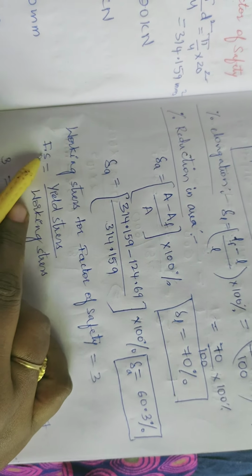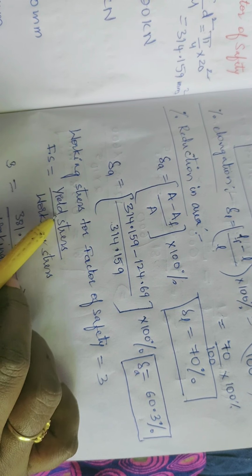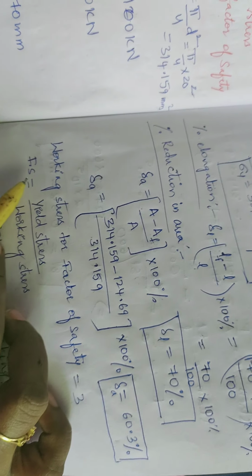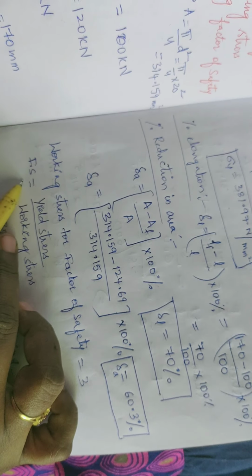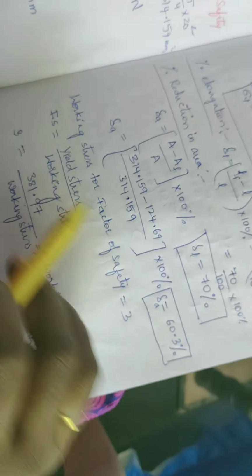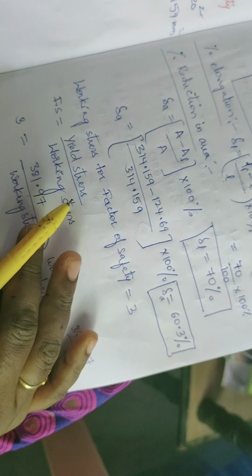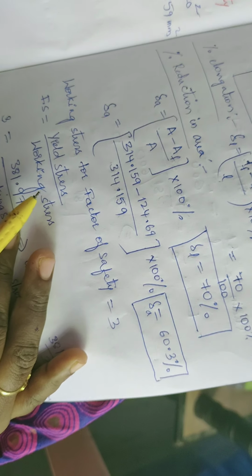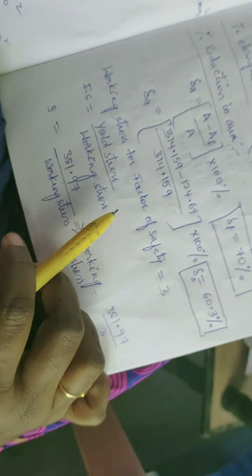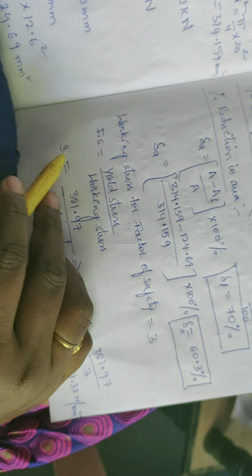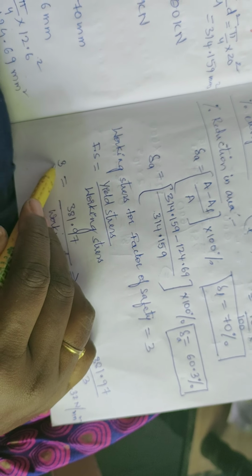Next comes working stress for a factor of safety, that is 3. Now we know that factor of safety is equal to yield stress by working stress. So this is most important. This is very much significant to have permissible stress values to design a component without failure. So factor of safety is 3 given.